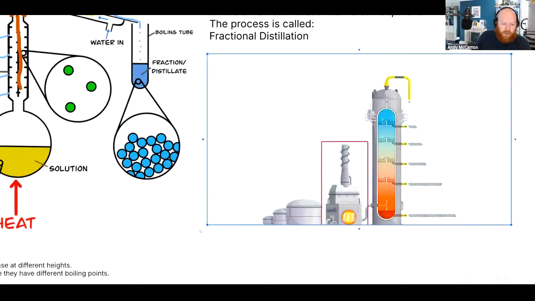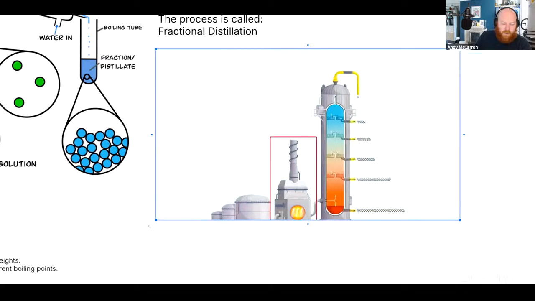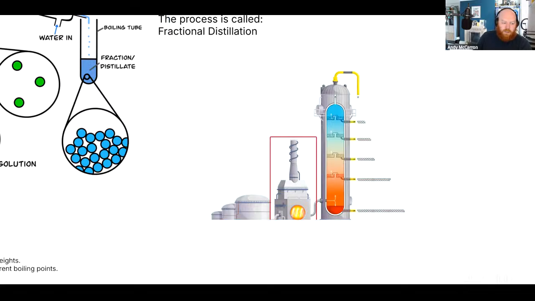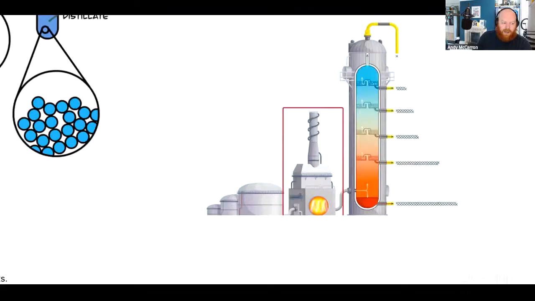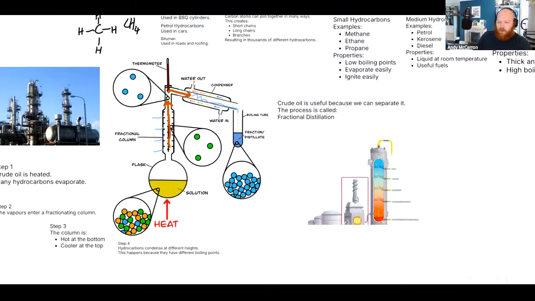They've got their heating at the bottom, it's coming up, trickling, and then the really small ones trickle off and come down here, and then the really thick, gloopy bitumen and stuff like that all trickle out at the bottom. That's what would actually happen in industry. But like I said, in a lab, it is slightly different.